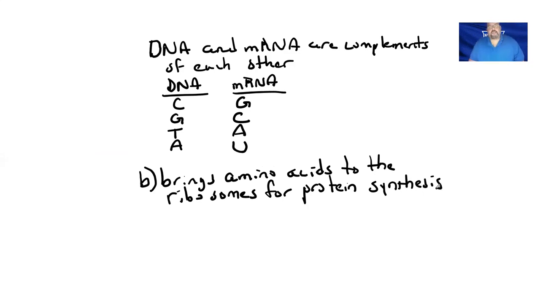As we mentioned at the beginning of the video, your messenger RNA calls for the amino acids to be brought to the ribosomes for protein synthesis, but what actually brings the amino acids to the ribosomes is your transfer RNA. So your transfer RNA would be the answer here.